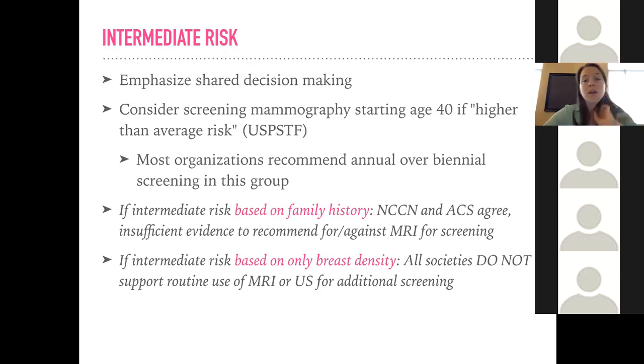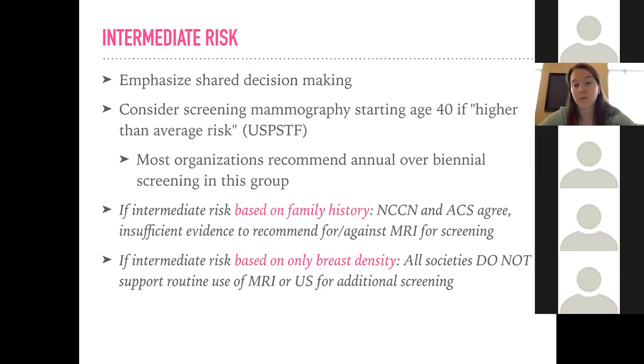And then a couple other pieces to just keep in mind: if their intermediate risk is based on family history alone, like if that's really the only thing we know about them that puts them in that category, there's been insufficient evidence to show anything specific about MRI inclusion for this group. It's not that it isn't a good idea.